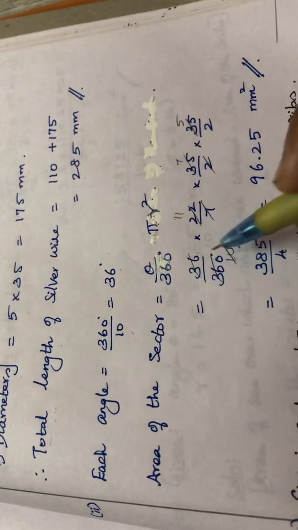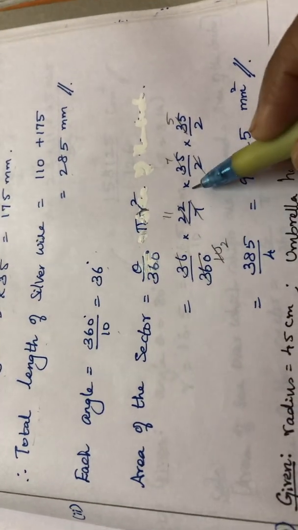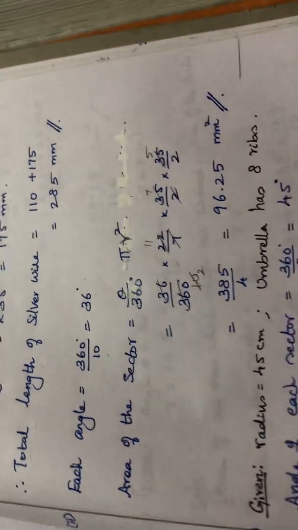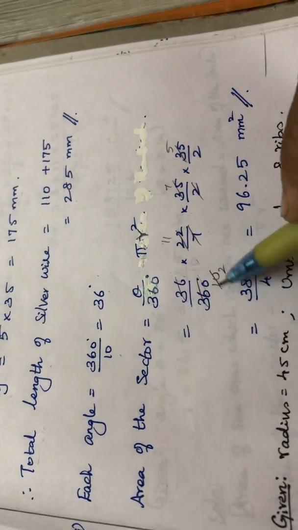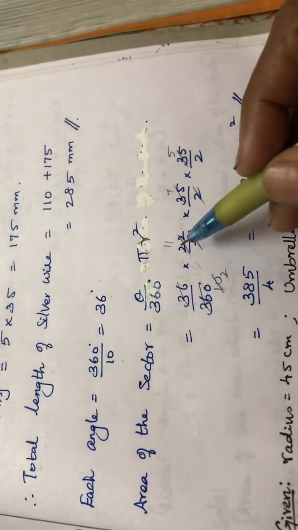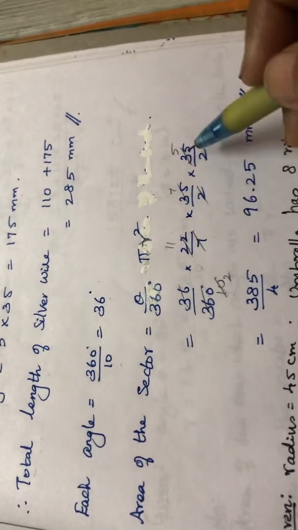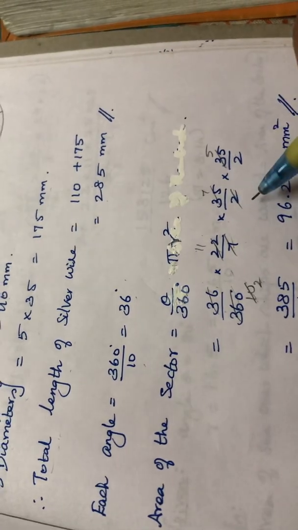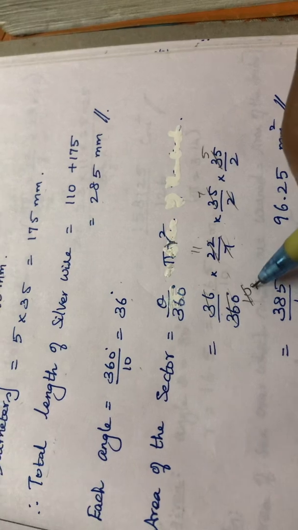So, theta is 36 by 360 into pi value 22 by 7 into radius 35 by 2 into 35 by 2. Now, which terms can I cancel? I can cancel 10, and then 10 and 22, I can cancel 2 and 11. This 2 I cannot cancel, no 2s are there. 7 and 35 I can cancel, and the other 7 and 35 I can cancel.